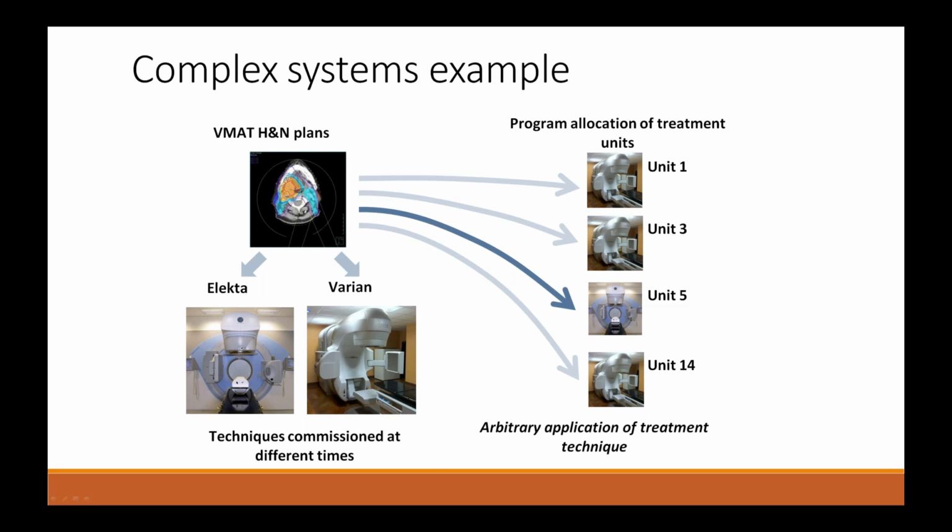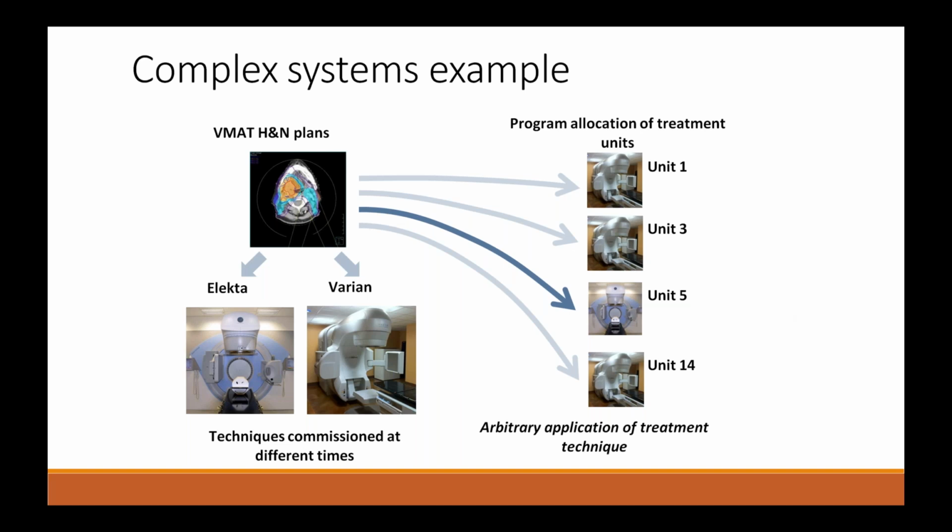So it didn't matter what unit patients got treated on when it came to the technique that was being used. So in this complicated and in this case complex system, we weren't able to achieve everything we wanted until the Elekta system had been commissioned and then all 4 head and neck treatment machines could be used.